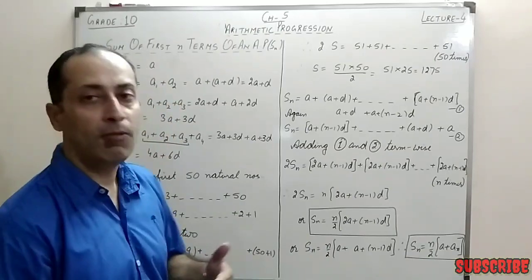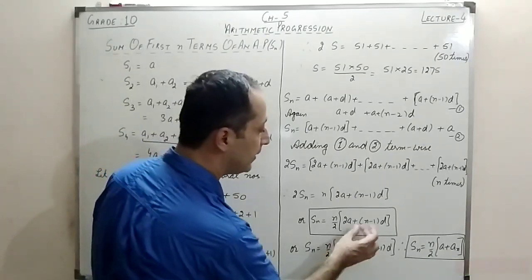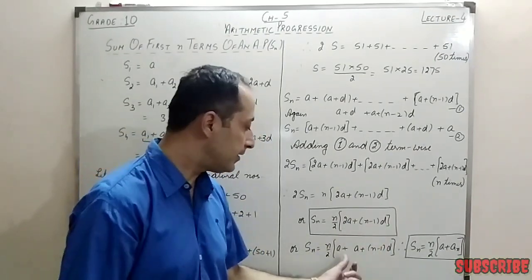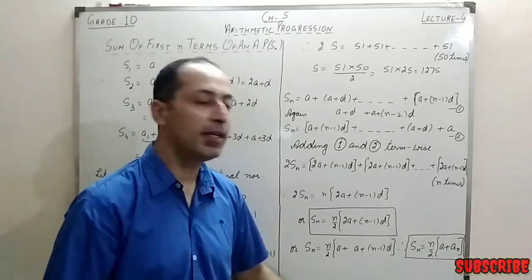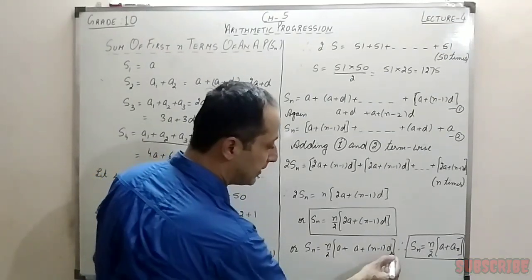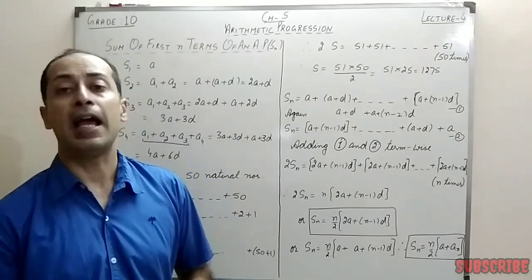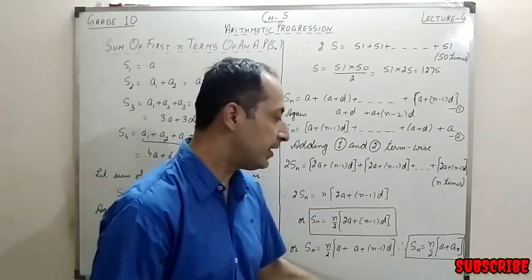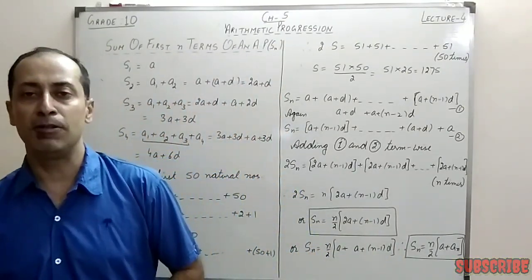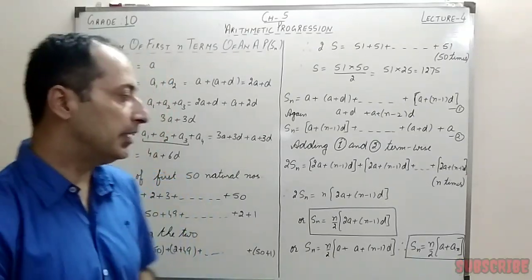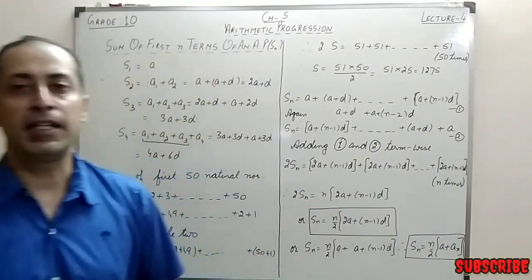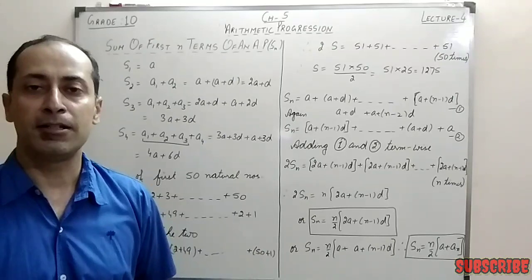Right? Further, if I break this thing, I can write this as a plus n minus 1 into d, and this thing is basically a_n. So I can also write that Sn is equal to n by 2 into a plus a_n. So these are the two relations which we can use to find the sum of the n terms of an AP.